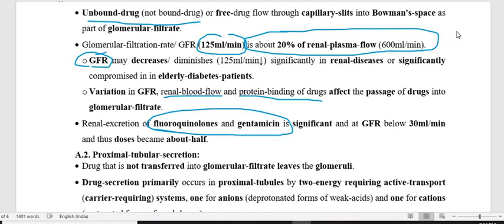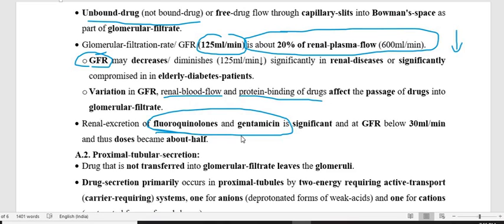So if the glomerular filtration rate is reduced, the glomerular filtrate containing the antibiotic or the drug comes in a lesser amount in the urine, so less drug is excreted out. The drug still remains in the systemic circulation and persists for a longer time interval. So accordingly we have to manage the dosage.